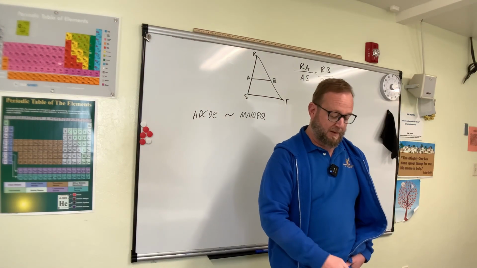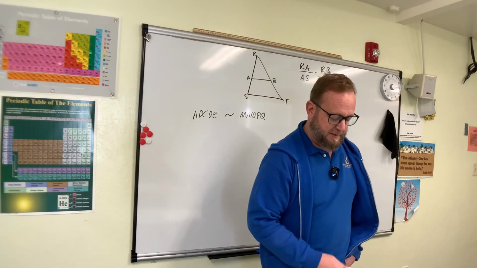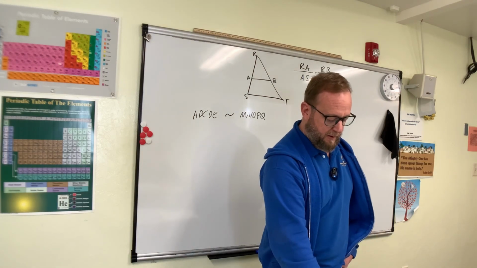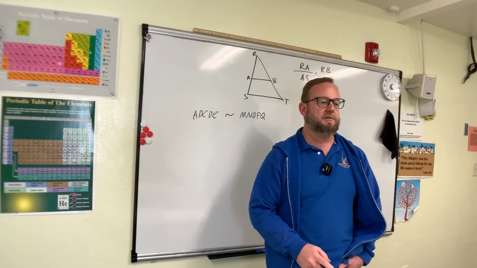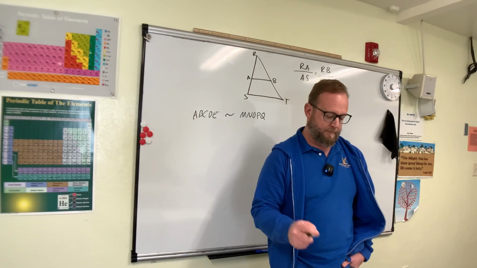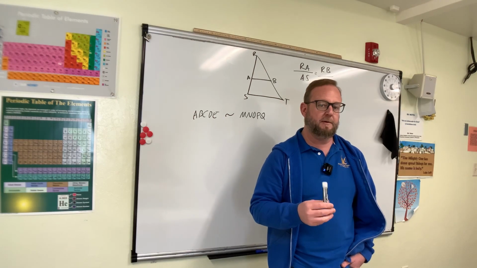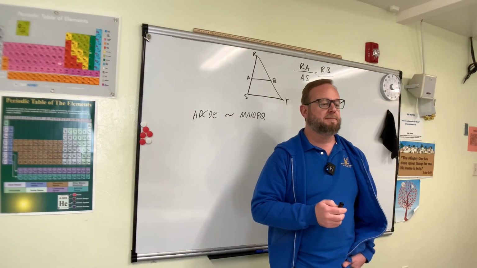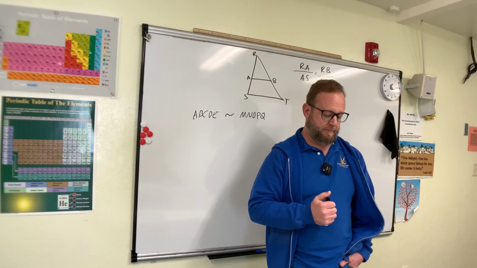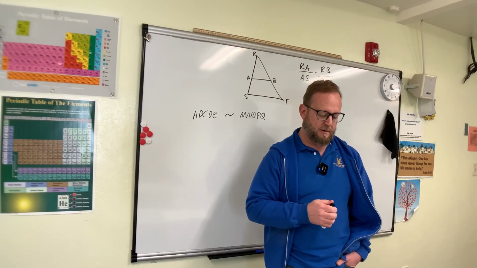Easy. And then next to it, we see the shape QRST. That looks like a square. Are those similar polygons? No. Not similar, because the sides aren't proportional.